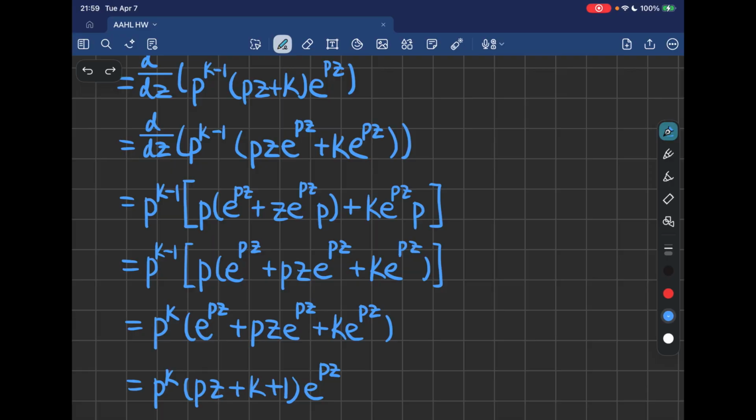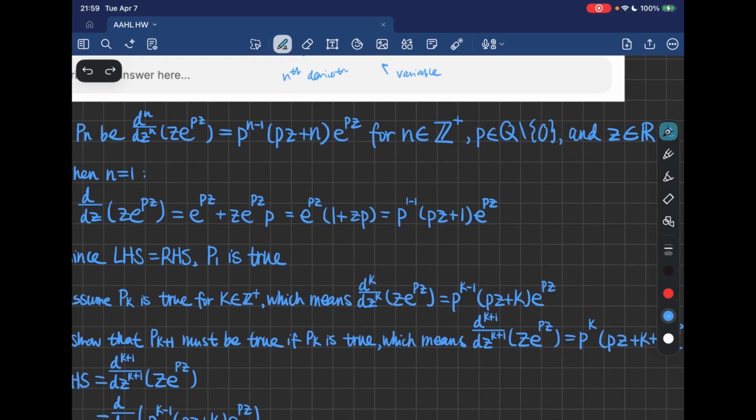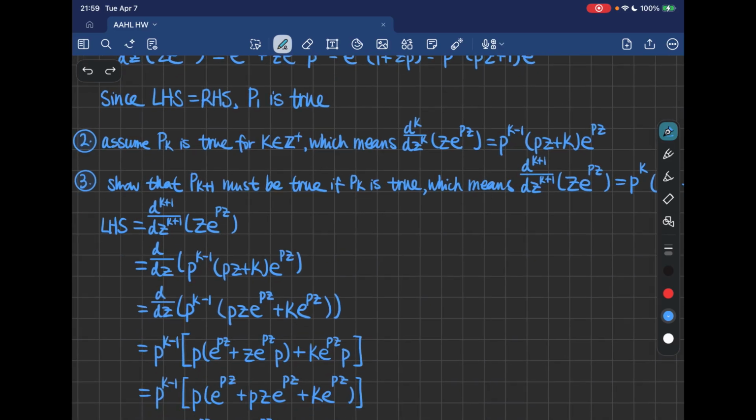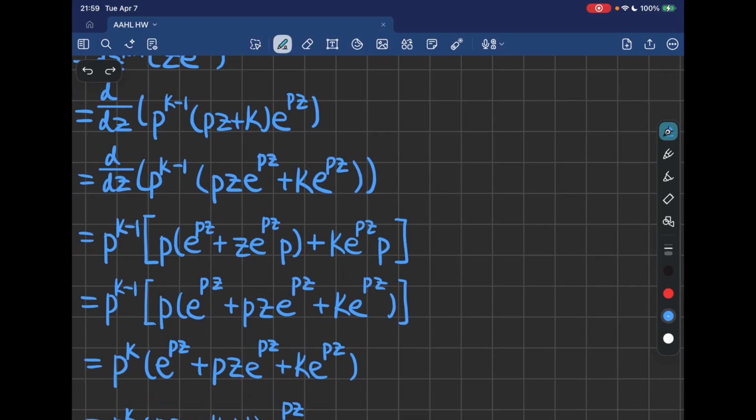So it's p and bracket and the derivative of this thing, which is actually really similar to what we did previously. Right here, it's the same thing. So you just do the product rule derivative plus the derivative of this thing, and remember chain rule right here, so we gotta multiply by p.